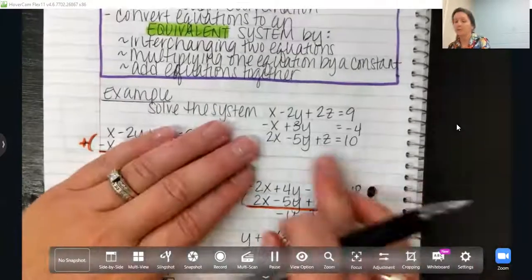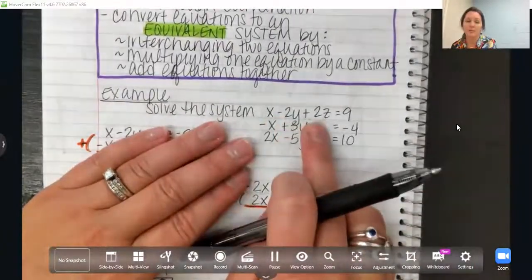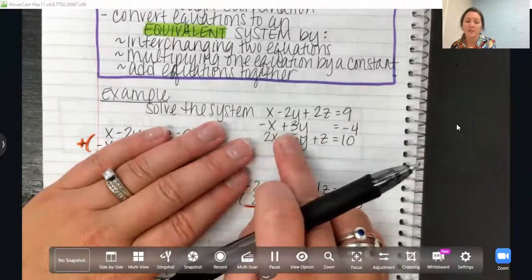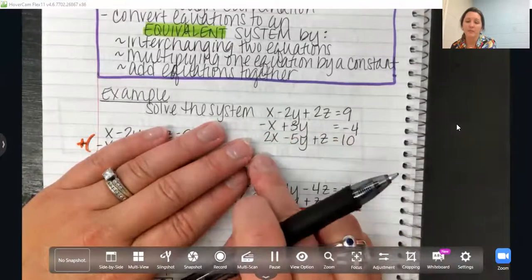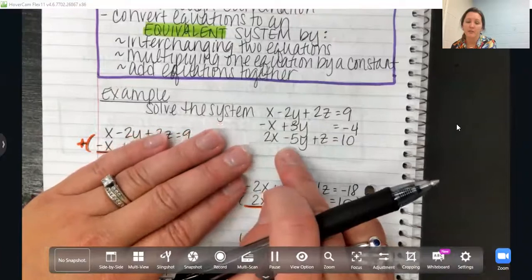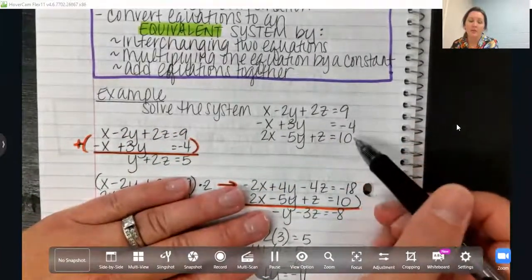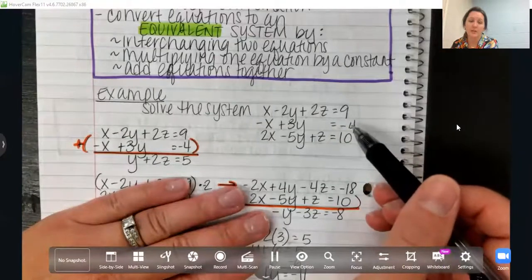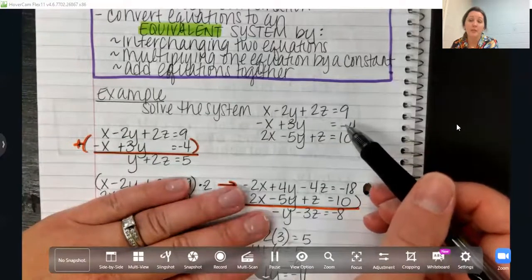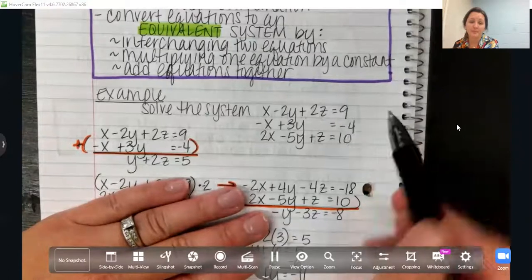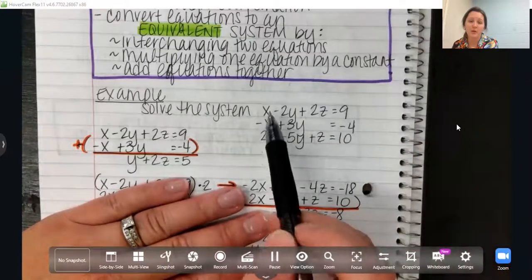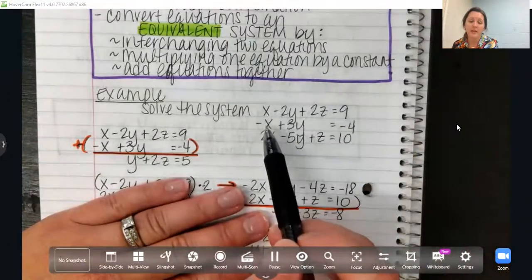So let's look at our system here. We have x minus 2y plus 2z equals 9. -x plus 3y equals -4, and 2x minus 5y plus z equals 10. So I'm going to start by grabbing 2 of these equations and trying to eliminate one of the variables. So if you notice right off here, we have an x and a -x.